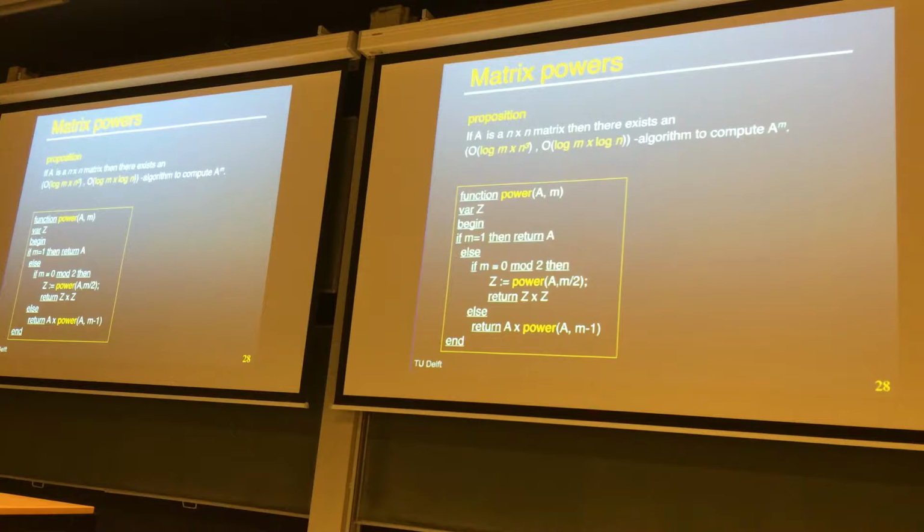If n is even, then first you start finding the power of a, n divided by 2, and you return, of course, z times z, and that's a to the power of n. Else, if n is odd, then you return a times power a, n minus 1. And then here the recursive step again.